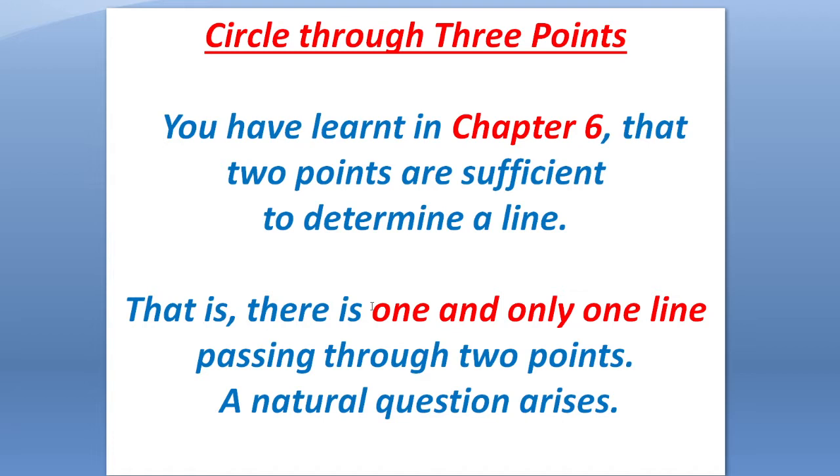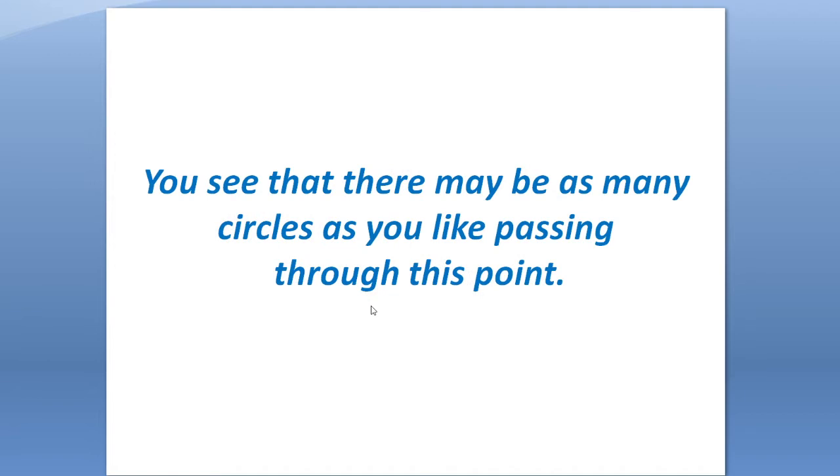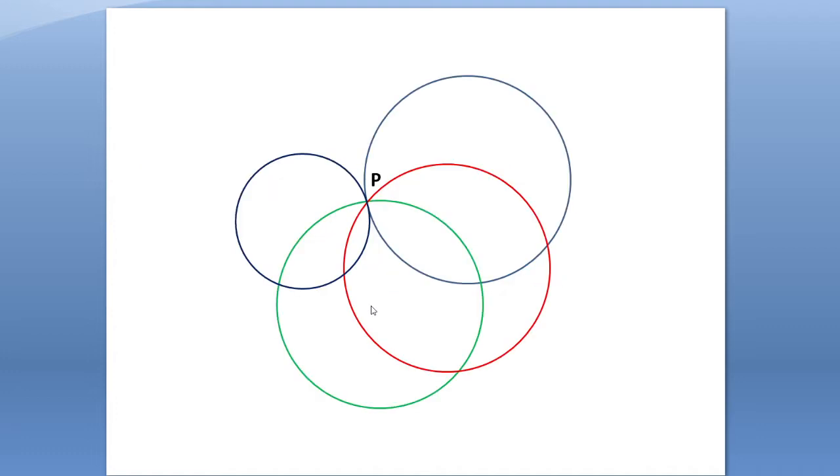A natural question arises: how many points are sufficient to determine a circle? Take a point P, and how many circles can be drawn through this point? You see that there may be as many circles as you like passing through this point.